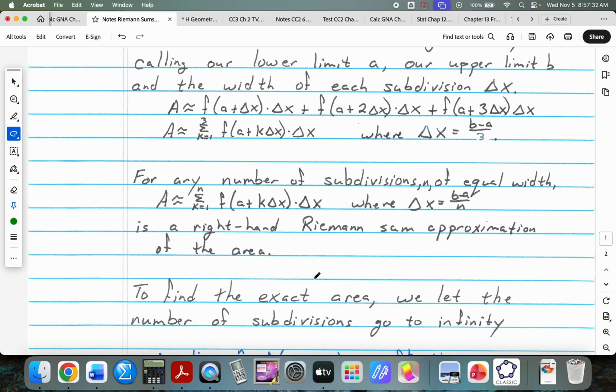So if we want to change this from an approximation to the exact, we just let the number of subdivisions go to infinity, right? That'll smooth out the pixelation of it.